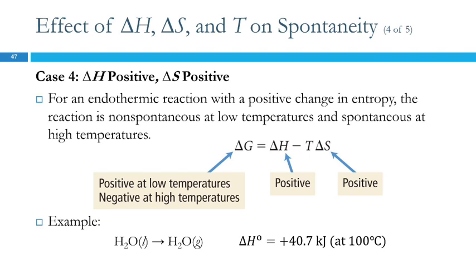Delta S is increasing because we're going from a liquid to a gas. Delta H is positive. And so if the temperature is large enough, this whole thing can be negative. That's just a lot to think about.